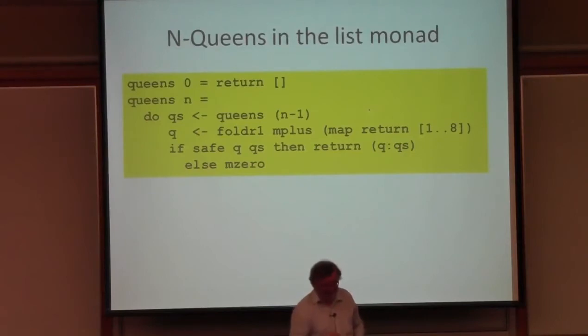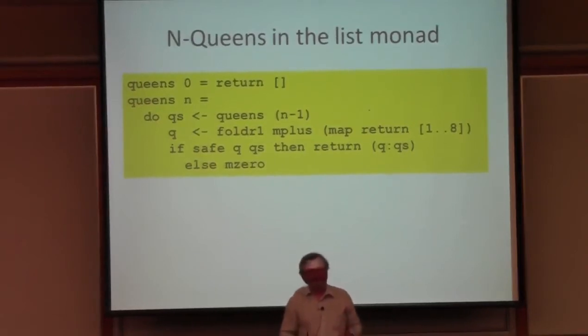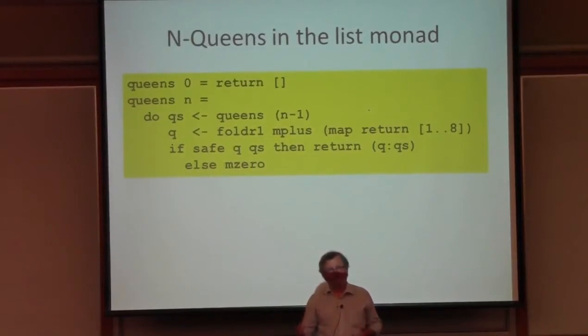And this solution takes the number of queens we want to place as an argument. It's recursive in that number of queens. And it backtracks to search for a solution. The result will be a list of rows in which those queens are placed. So you have to place one queen per column. All you need to know is which row to place them in.